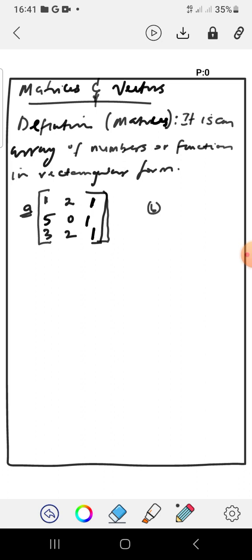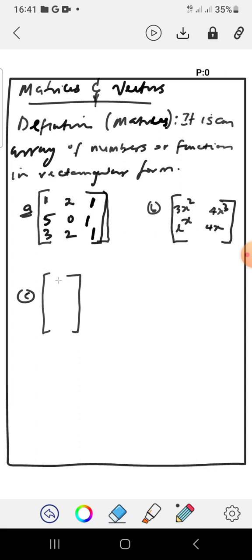This is the first example. For the second example, example B, we can have something like this, where we have 3x squared as a function here, 4x cubed here, the exponential of x here, and 4x here. That is also a matrix. It's not impossible for us to have a matrix that looks like this. Please note this particular one is extremely important for this course.